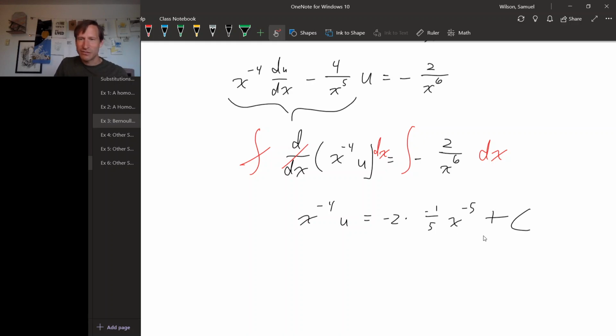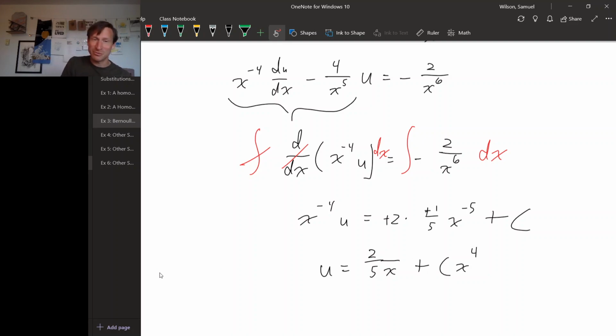Now finish solving for u, so multiply both sides by x to the 4th. So u is 2 over 5x, when we multiply by x to the 4th, that leaves 1 power of x in the denominator, plus c times x to the 4th.